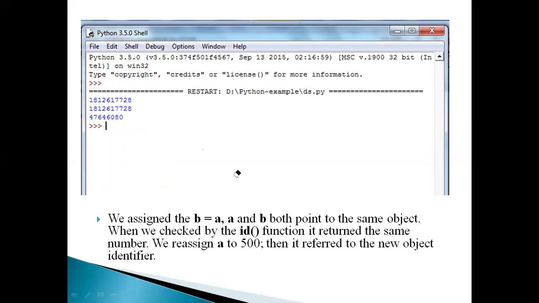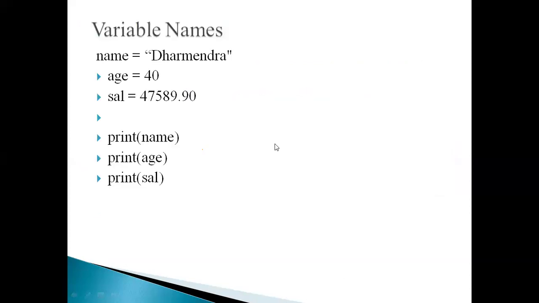Suppose a equal to some value, based on the requirement. A variable means storing a value. Very simple examples of variables are name, age, and cell.